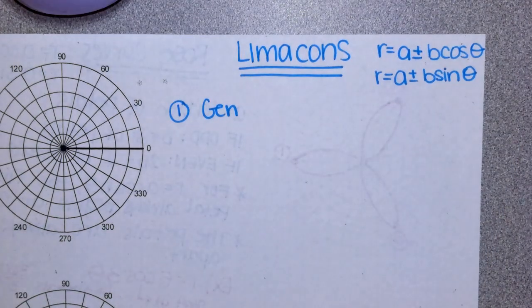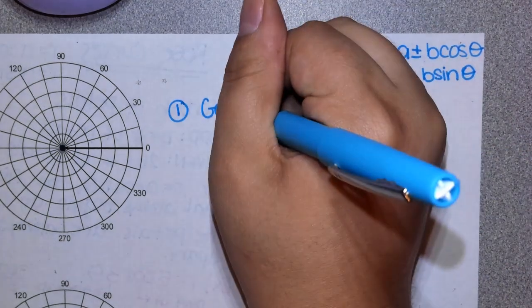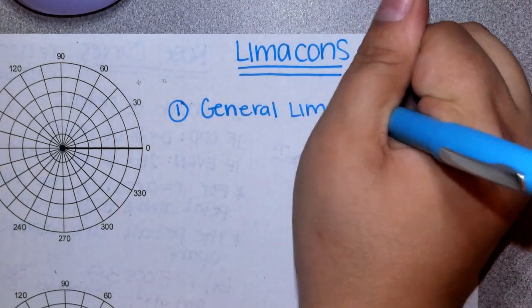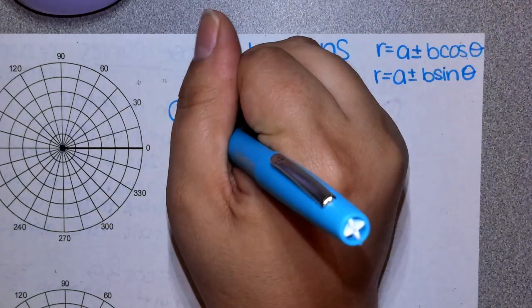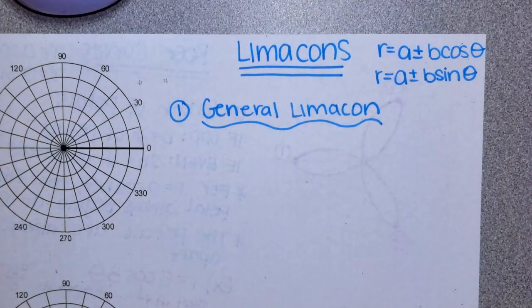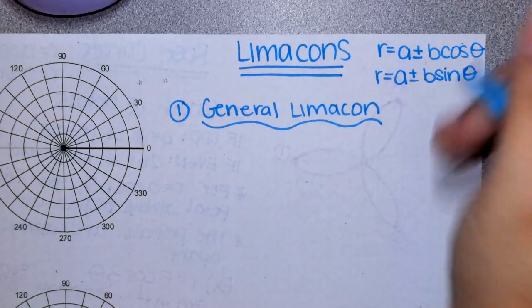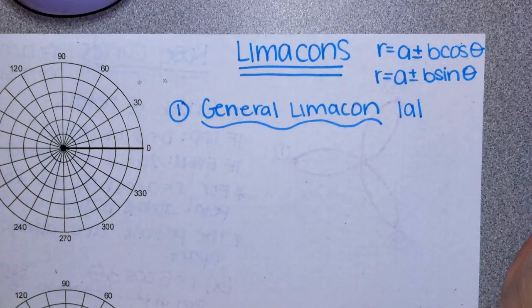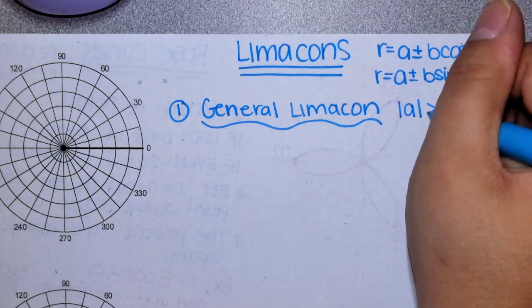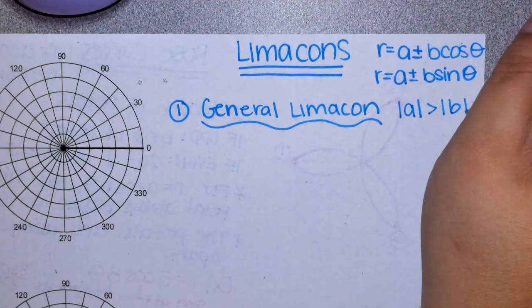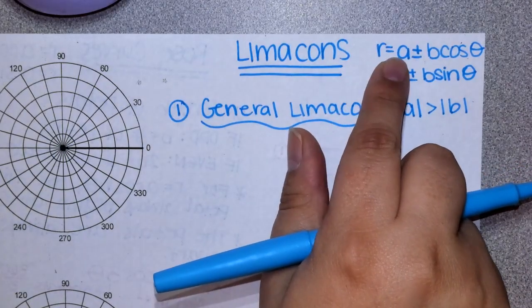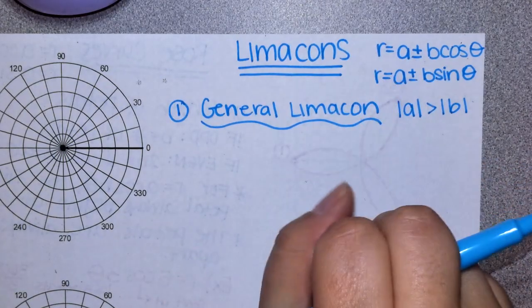The first type of limacon is the general limacon. And what makes the general limacon? How do I know it's a general limacon? The absolute value of A is greater than the absolute value of B. Meaning the number before the plus or minus is bigger than the number after the plus or minus.